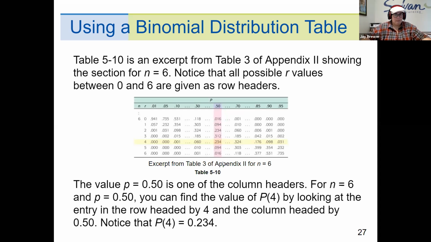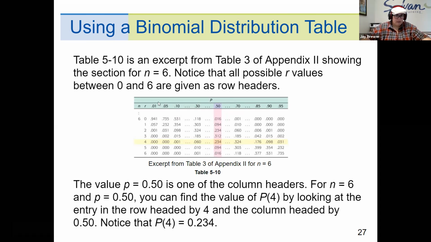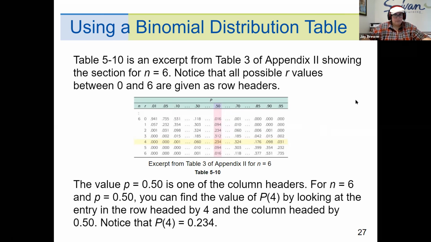So here's an example of what it looks like. You literally go across and then also down, and where it intersects is the answer. It's not hard to use the table. If you're using it online in some kind of capacity, you may have a harder time with it.